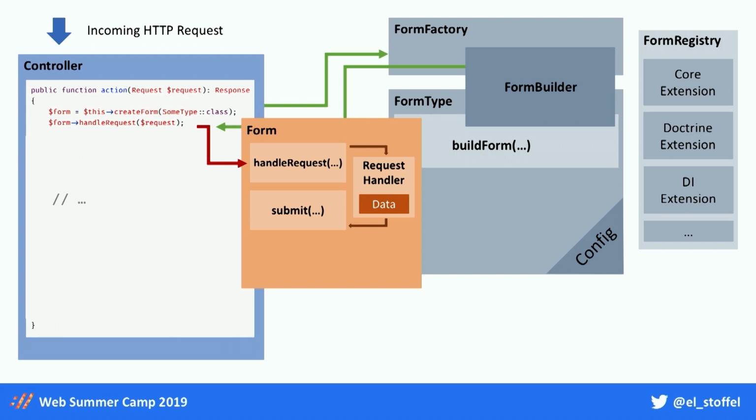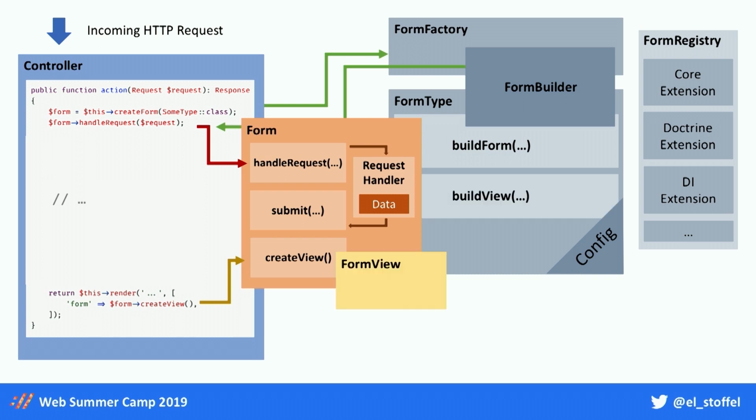So in the middle part of the controller, we do some state handling of the form object, like is it submitted, is it valid, and getData. But that doesn't really matter right now. And the last thing we're doing, we're creating a view object by calling createView, and this view object is then given to the form type once again, so we can manipulate the form view of the parent type.